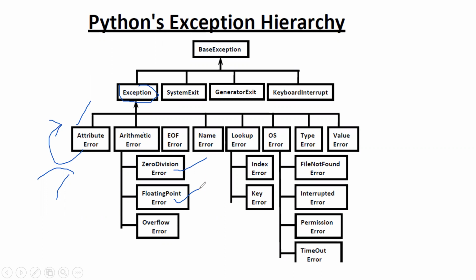Whenever we are dealing with typecasting, we have seen floating point, overflow, right? EOF error means if you miss parentheses. If I give two parentheses at the starting and I give only one, then I can get this EOF error. Name error, without executing or without mentioning that name.